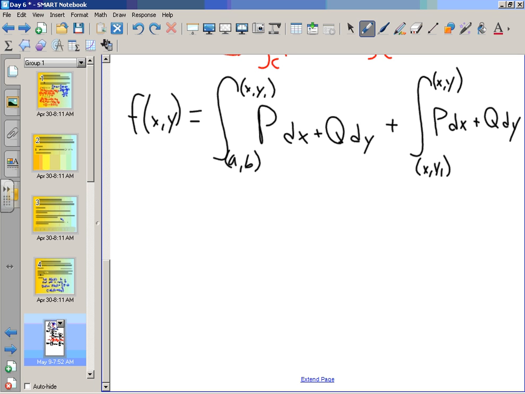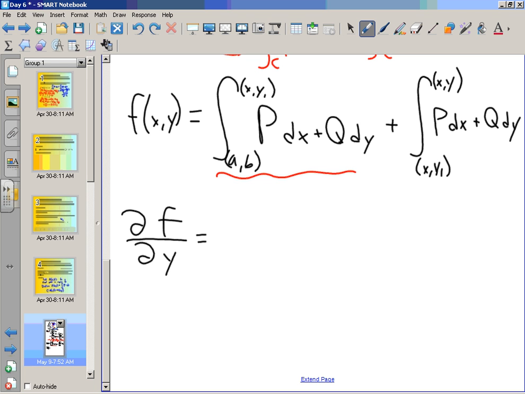And so what I mean by that is, if we take the derivative with respect to y of this whole piece, does this at all vary with y?